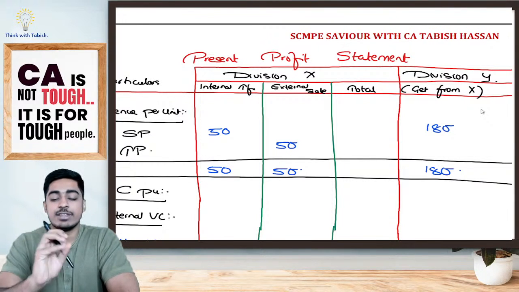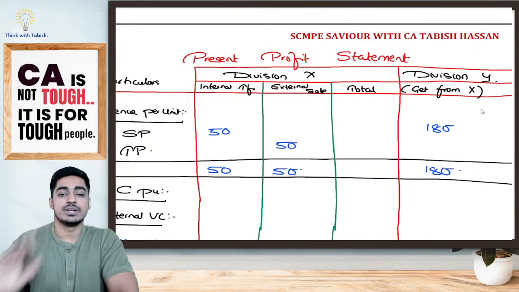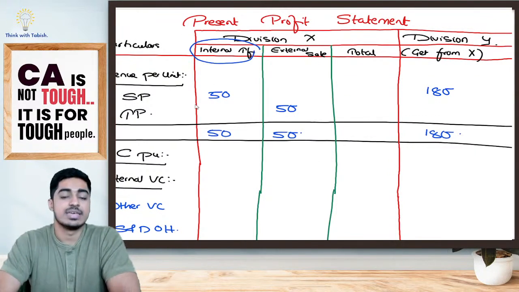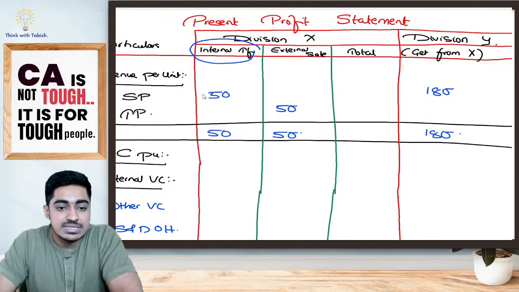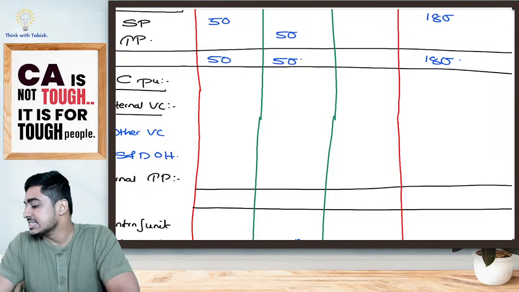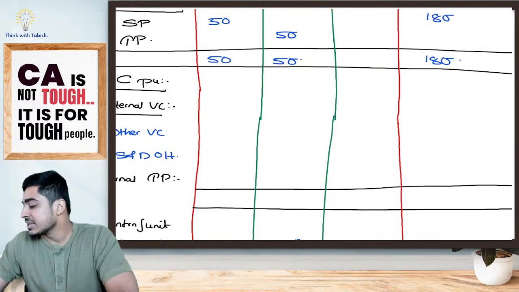Firstly, we'll calculate the contribution per unit. For internal transfer, my selling price is 50 rupees. What variable costs am I incurring? Other material 12 rupees, direct labor 16 rupees, manufacturing overhead 2 rupees.